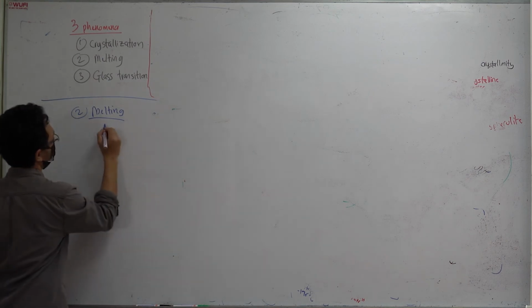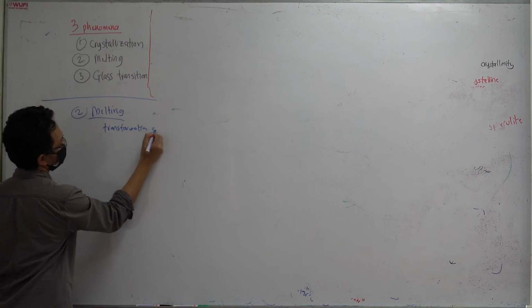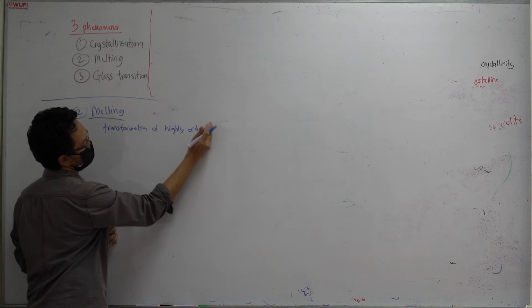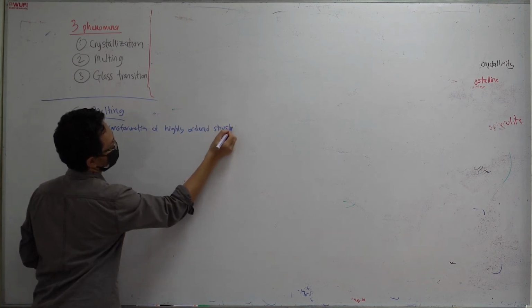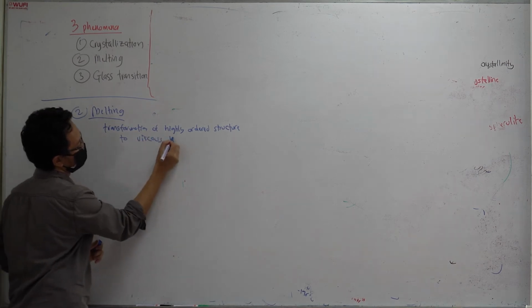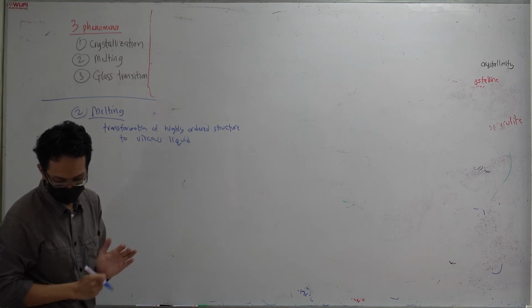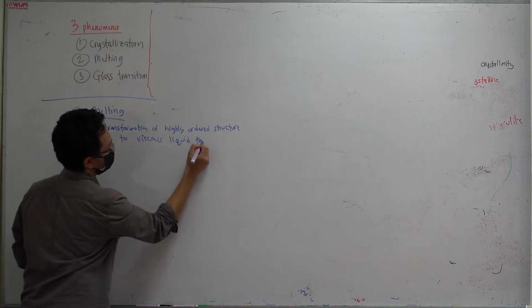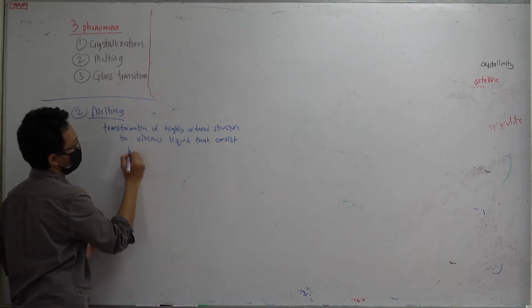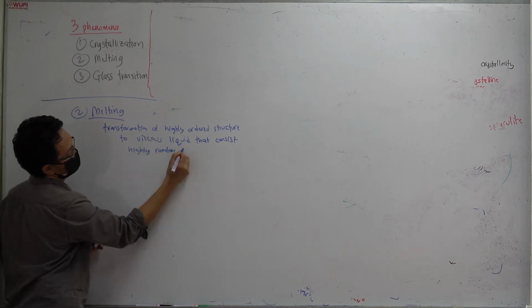It's basically the transformation of a highly ordered structure to a viscous liquid that consists of a highly random structure.